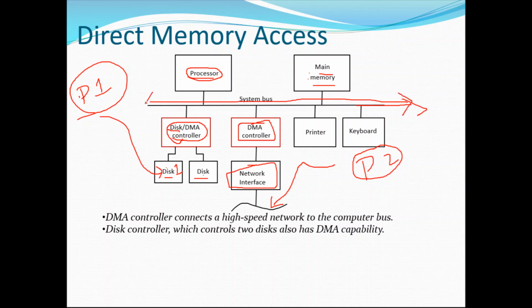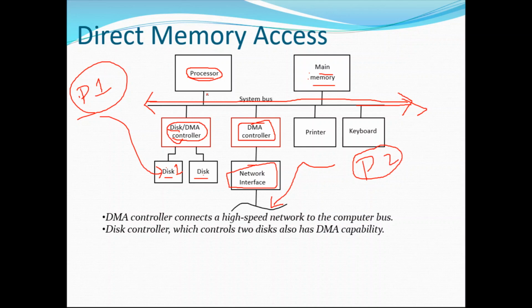How many system buses do we have here? Only one. So this system bus can be used only by one controller at a time. If it is being used by the processor, then none of the DMA controllers can use it. If it is used by any of the DMA controllers, then other DMA controllers and the CPU cannot use it. So at a given time, only one controller can use the system bus.